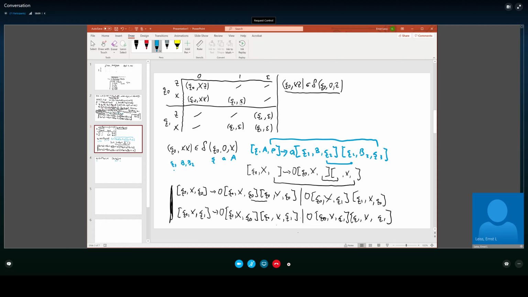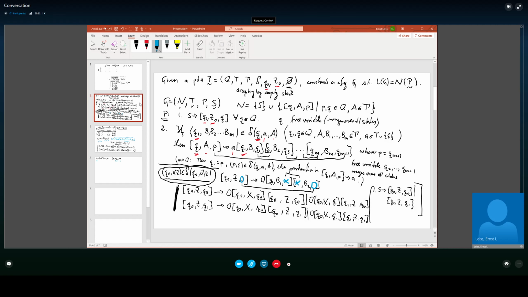Take that one, so that's 4, plus 4 for this, plus 4 for this. So altogether you have 12 productions from rule number 2, plus 2 productions from rule number 1.